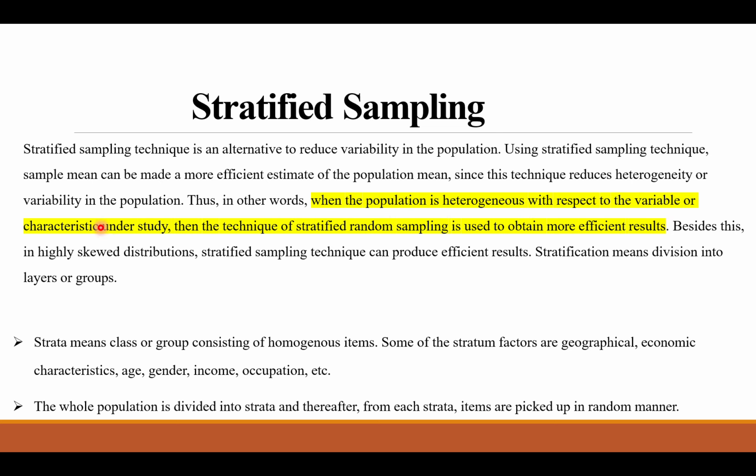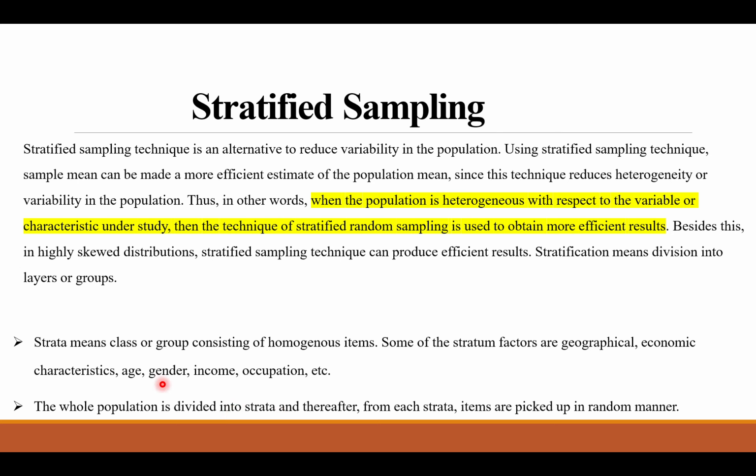Then what is stratified sampling? Stratified sampling technique is an alternative to reduce variability in the population. Using the stratified sampling technique, the sample can give a more efficient estimate of the population mean. If the population is heterogeneous with respect to the variables or characteristics under study, then the technique of stratified random sampling is used to obtain more efficient results.